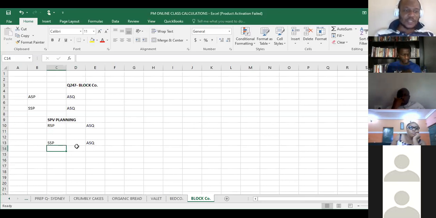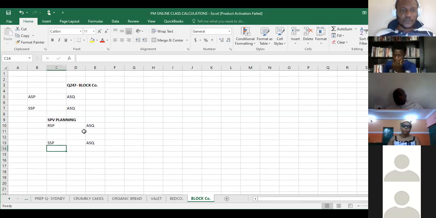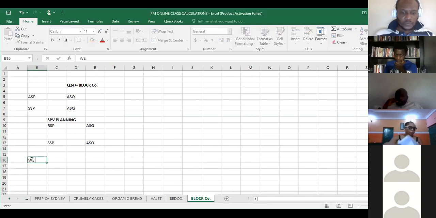So what's our revised standard price? To give ourselves perspective, we use the average market price per unit as the revised standard, right?